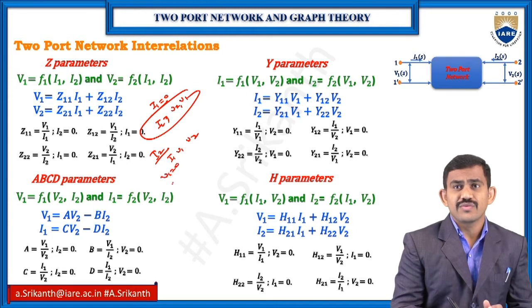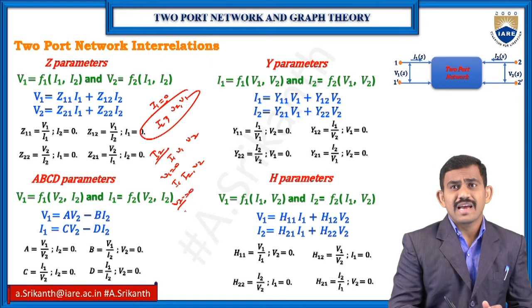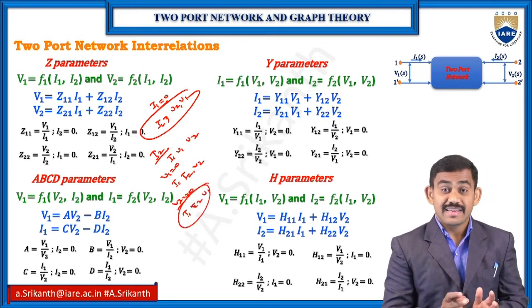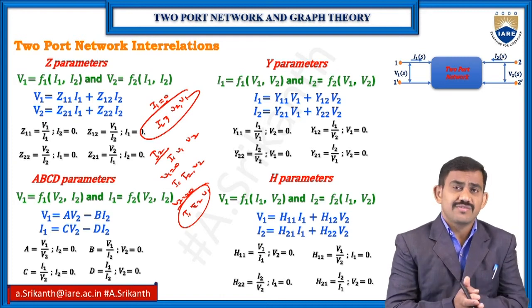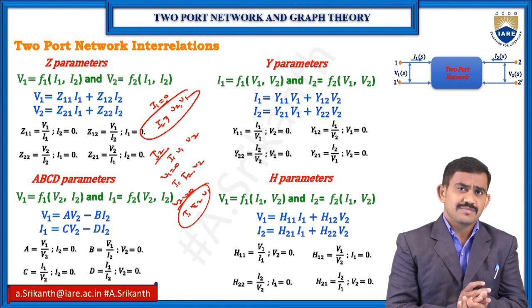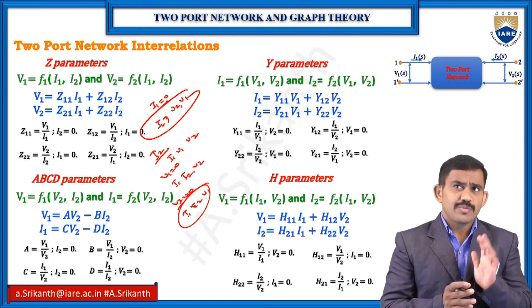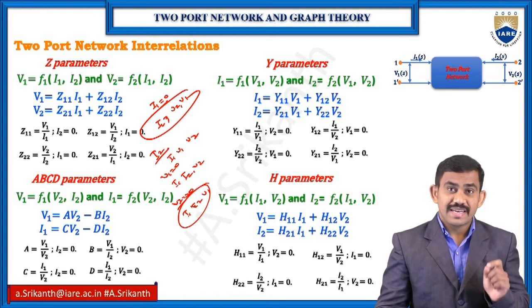V1 equal 0 means we need to find out I1, I2 and V2. V2 equal 0 means we have I1, I2 and V1 values. We need to find out the remaining values, the gain values, impedance values. Okay guys, this is about the 2-port parameters and finding the formation and equations.